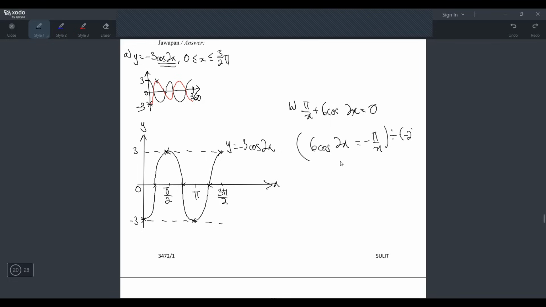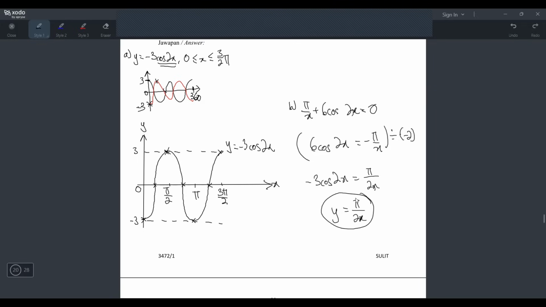Why do I divide by negative 2? Because I know 6 divided by negative 2 is negative 3, right? So you will get negative 3 cos 2x. And this one, when you divide by negative, it's just going to be positive pi over 2x. The 2 I write at the bottom because it's division. And the negative disappears because negative times negative is positive. And finally, now I can sub y inside because negative 3 cos 2x is the y. So now finally, I get my equation already.